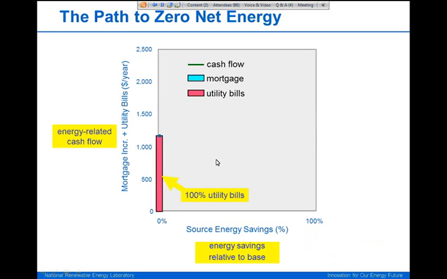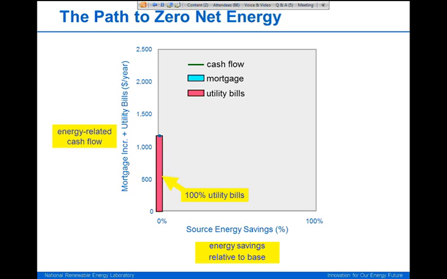So if we start here on the y-axis, we have energy-related cash flow. There are various choices of what you display on the y-axis and actually what you optimize over, and Scott will cover some of that, but a basic one from the homeowner's perspective is utility bills plus the mortgage increment to pay for additional efficiency measures.